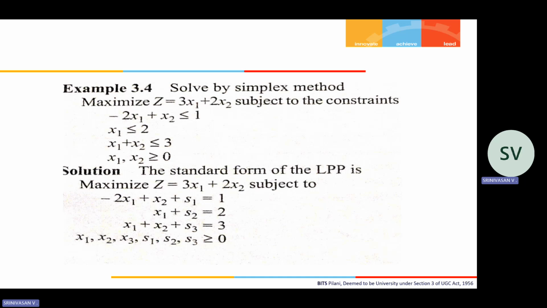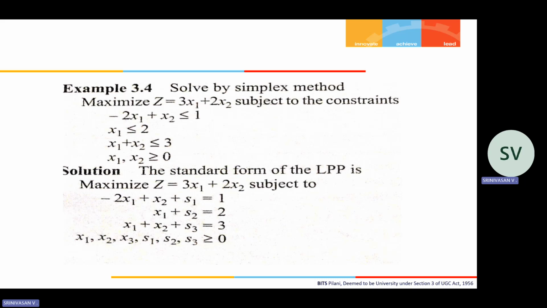So before we start preparing the initial table or starting table, that is the simplex table, we need to rewrite the given LPP in the standard form. The standard form of LPP is maximize Z equal to 3x1 plus 2x2 subject to the constraints, minus 2x1. You must ensure that the inequalities are of less than or equal to type.